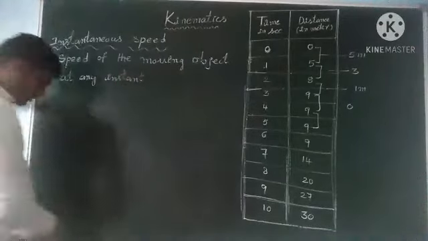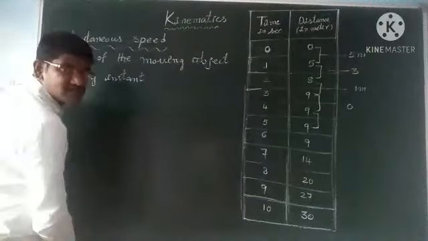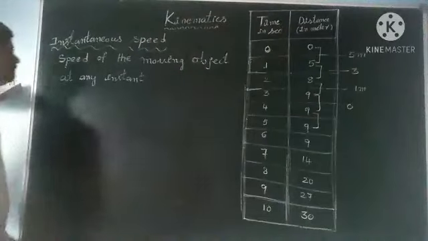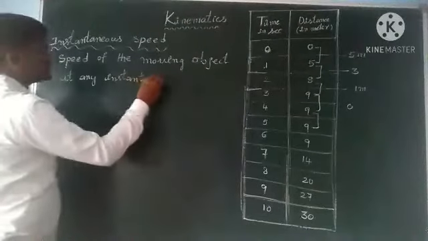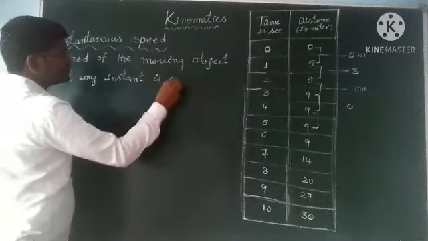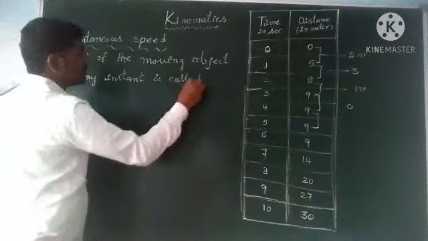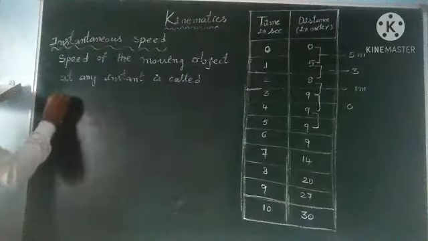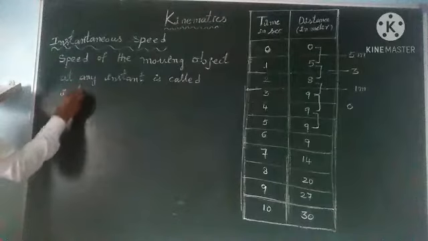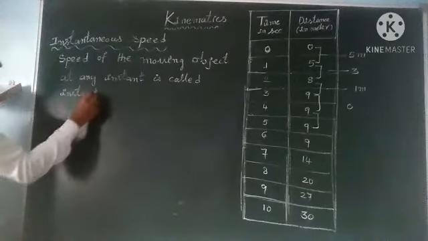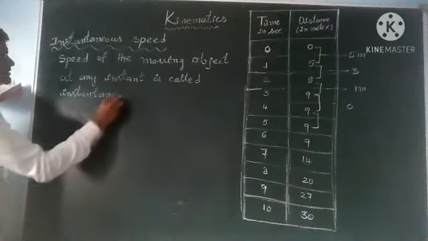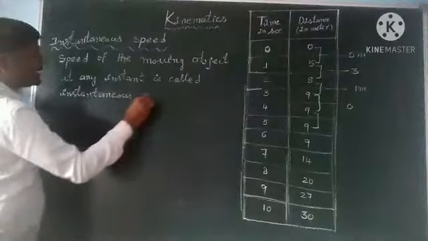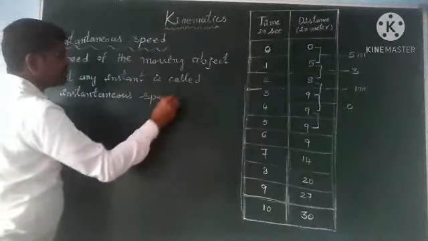Speed of the moving object at any instant is called instantaneous speed.